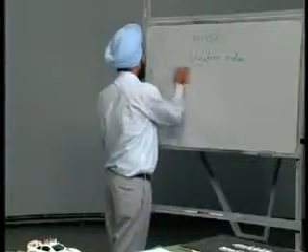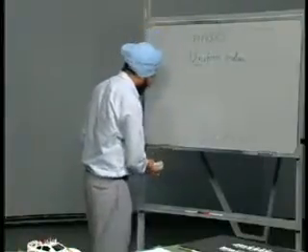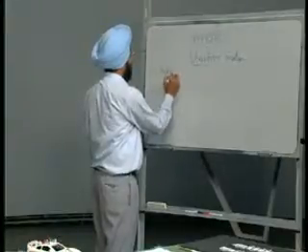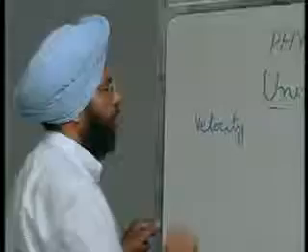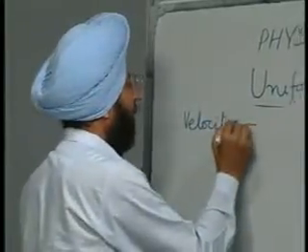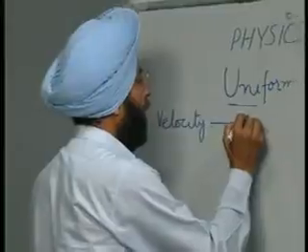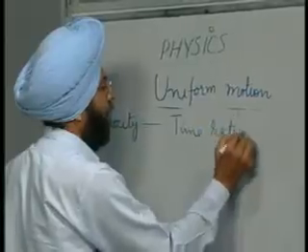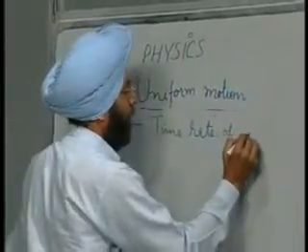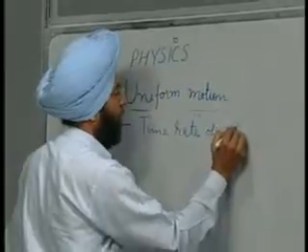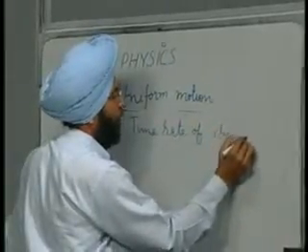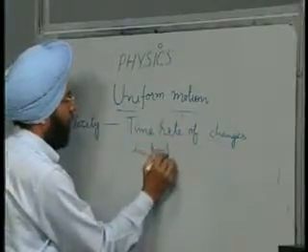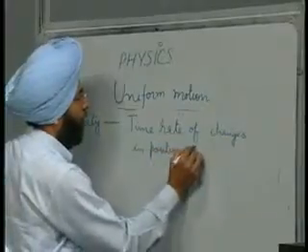Another quantity that tells us about the rapidity of the motion is velocity. We define velocity as the time rate of change in position of a body.